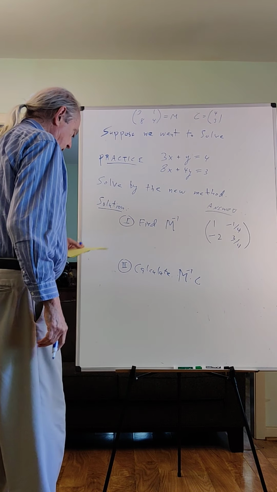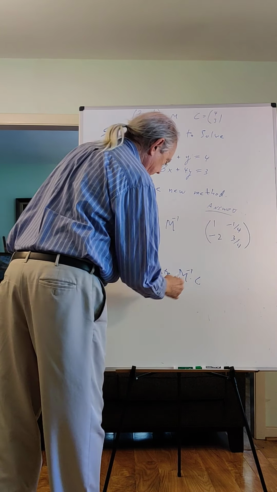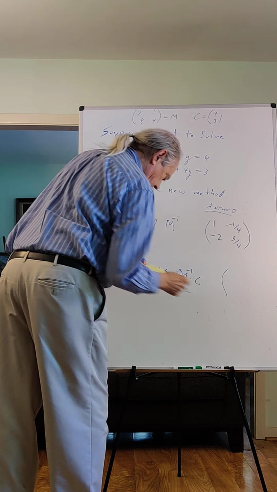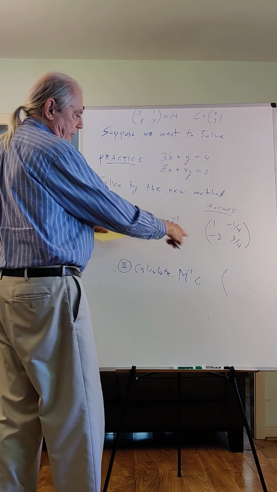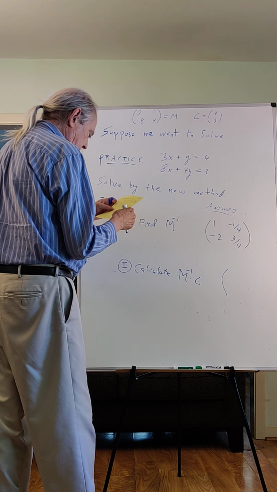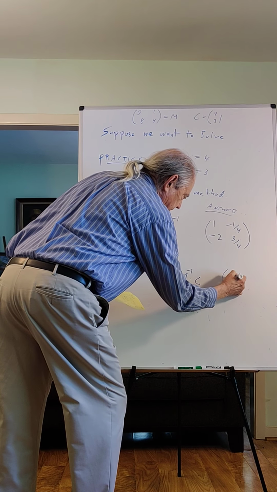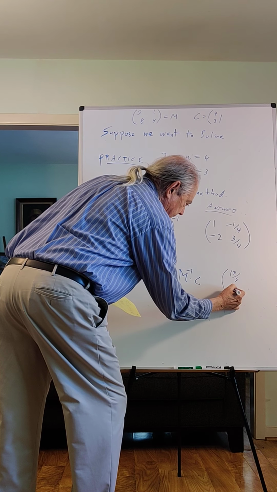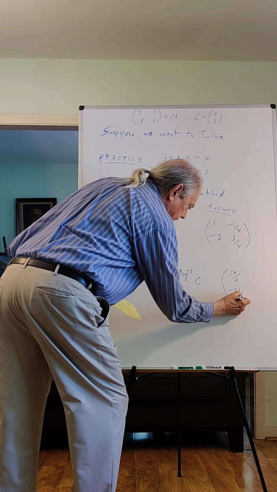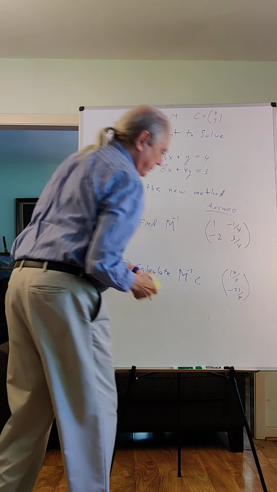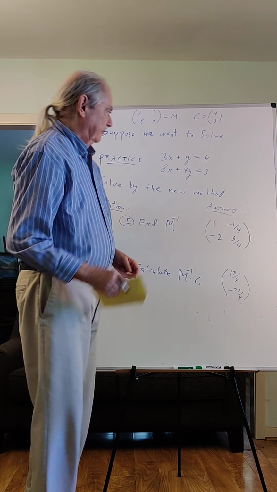And when you multiply, it's a little tricky, the arithmetic, you get 13 over 4 and minus 23 over 4. Hope you can read that. 13 over 4 and minus 23 over 4.